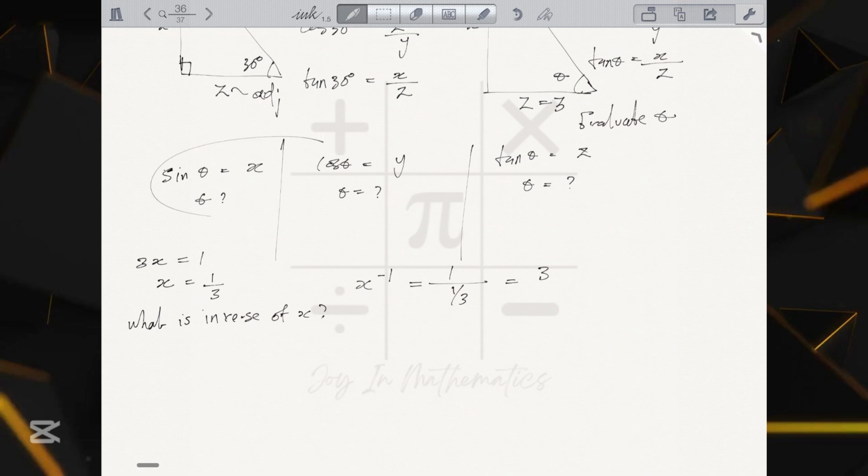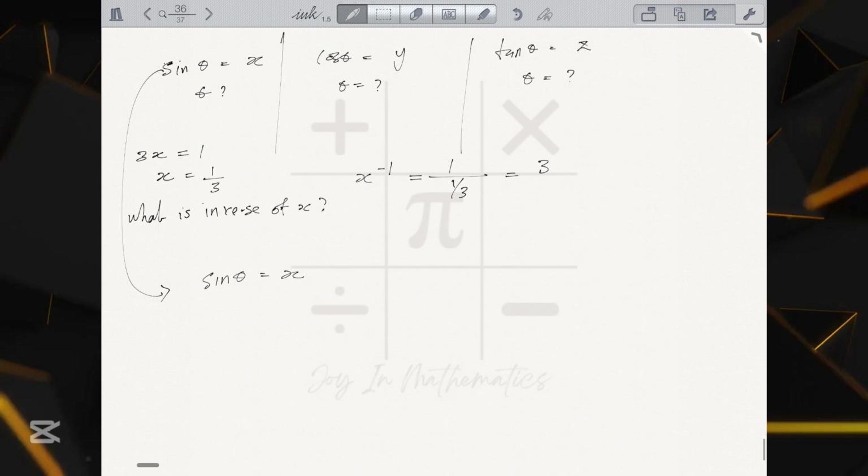Now, considering this, we want to evaluate theta. Evaluating theta from here, given that sine theta is equal to x, we understand that this is a product. Therefore, we can say that theta is equal to x divided by sine, and this will be sine inverse, or 1 over sine multiplied by x. So this will be sine inverse of x.